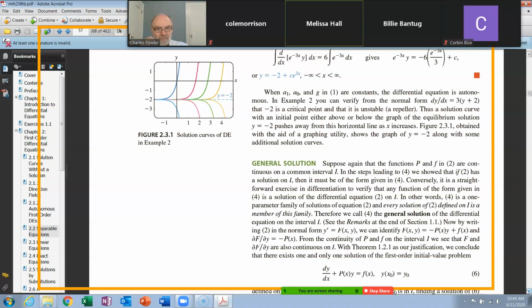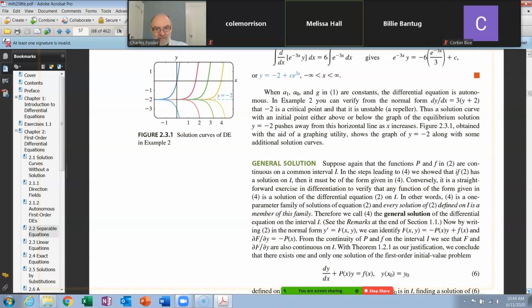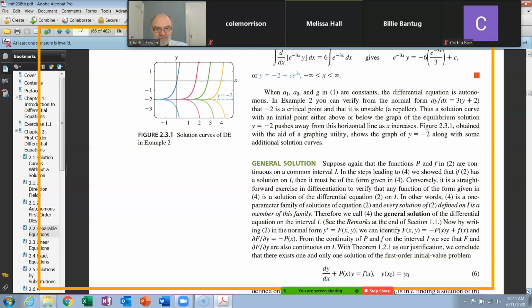In other words, 4 is a one-parameter family of solutions, and every solution of 2 is defined on that interval. Remember, we called equation 4 the general solution of a differential equation on some interval I. That's just going back over plowed ground.